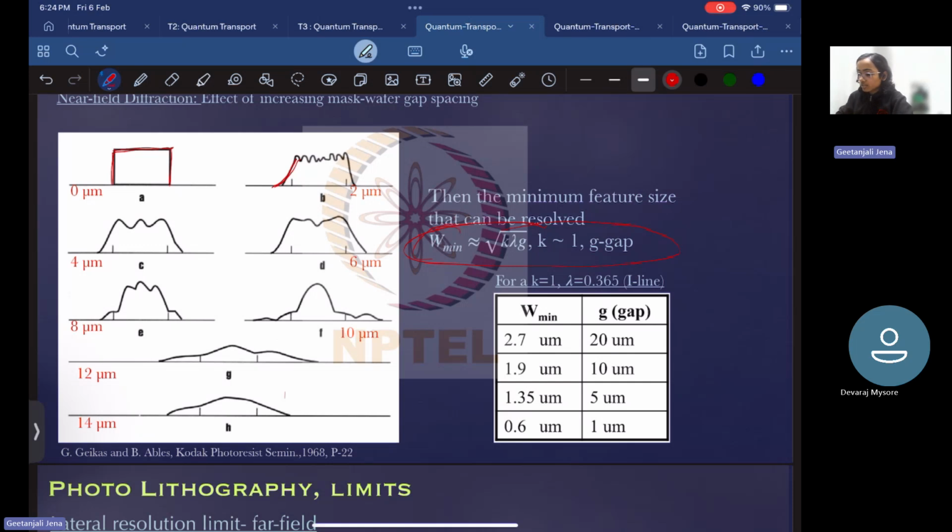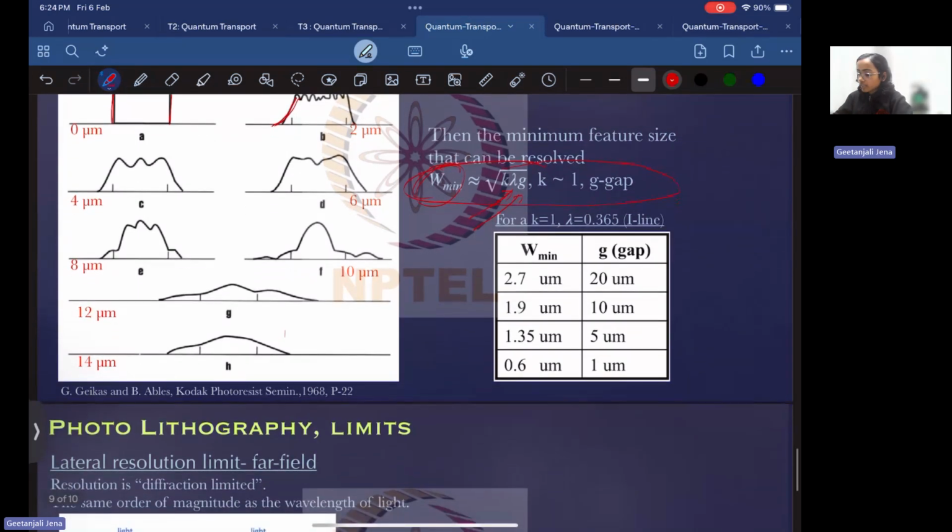The feature size is related to the wavelength of the optical radiation, and it depends on the gap between the photoresist and the mask. When we increase the gap, the feature size that can be resolved also increases, so the resolution decreases.